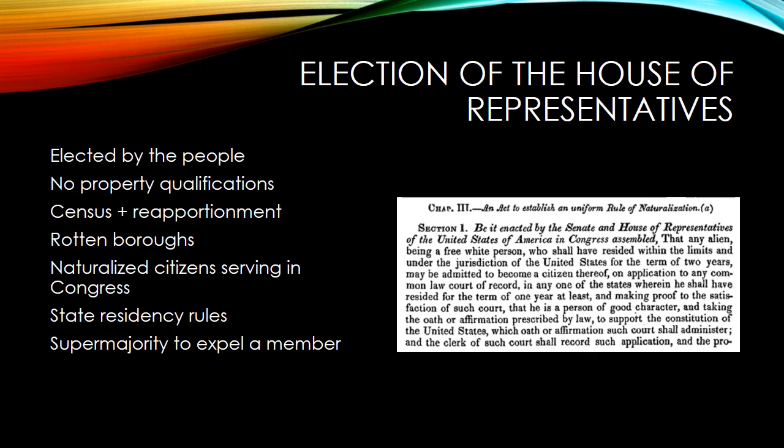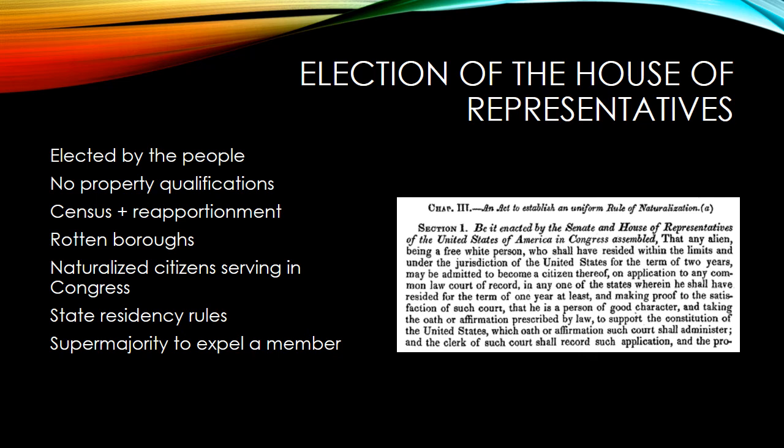All the states were in charge of setting their own voting rules, and they were not allowed to set property qualifications. But built into the election of the House of Representatives was a system of census and congressional reapportionment.